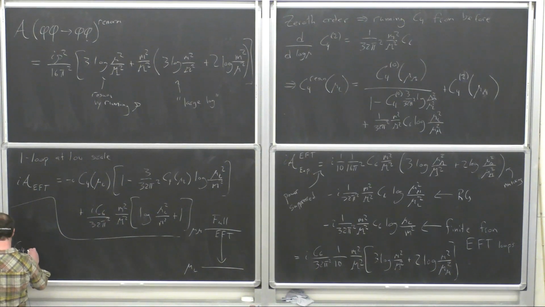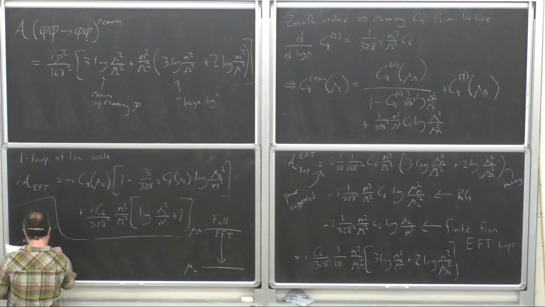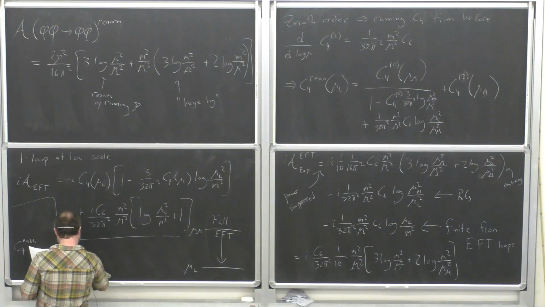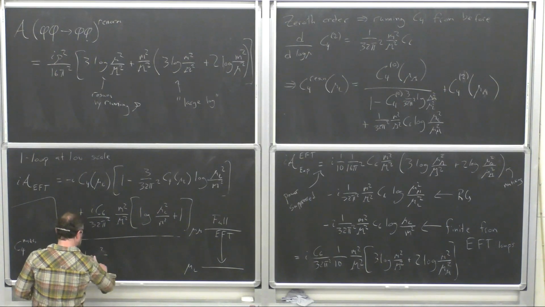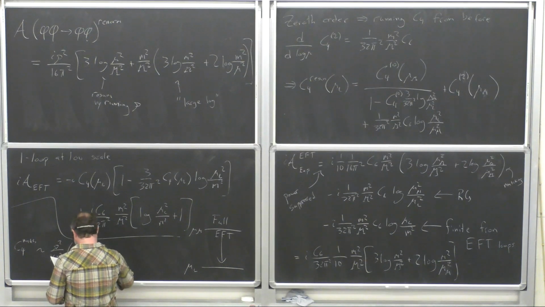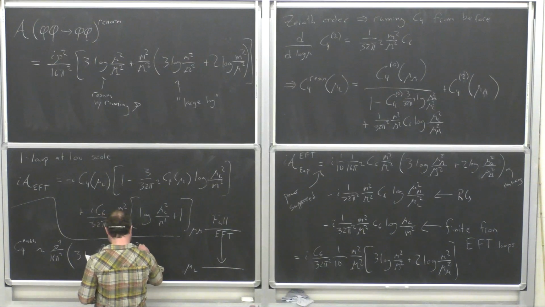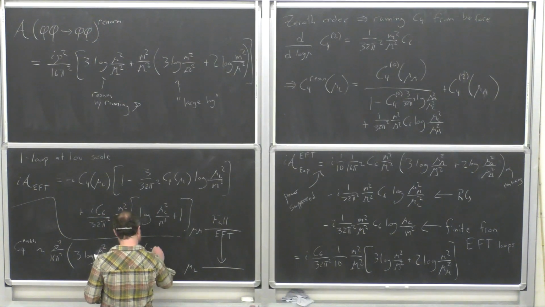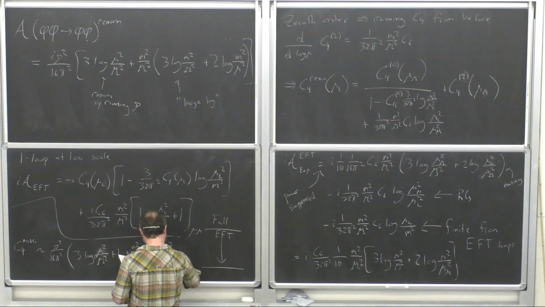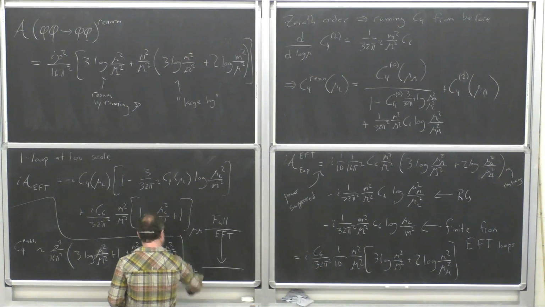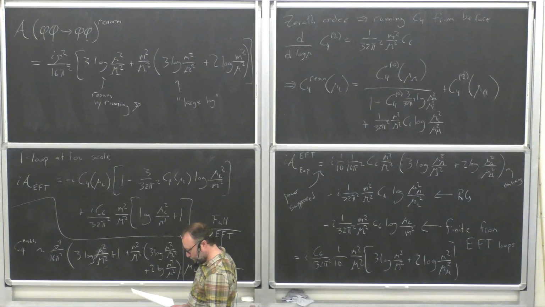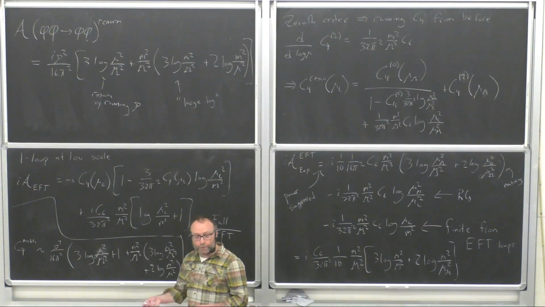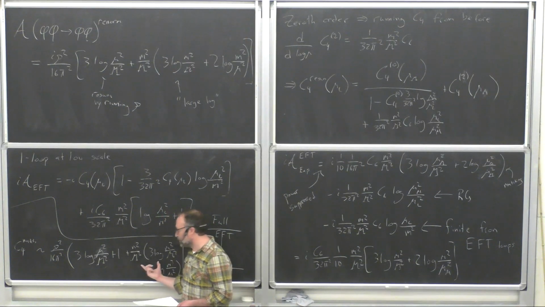What I called C4 match had both. It had rho squared over 16 pi squared, and the two is counting powers, so this has both a leading power and a subleading power contribution.